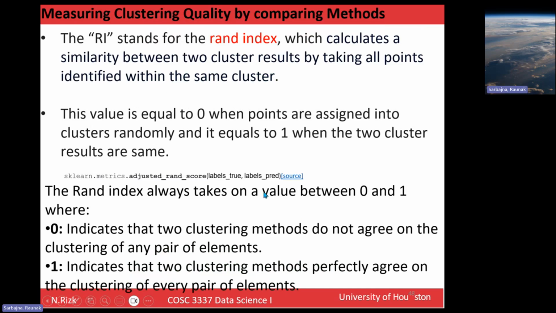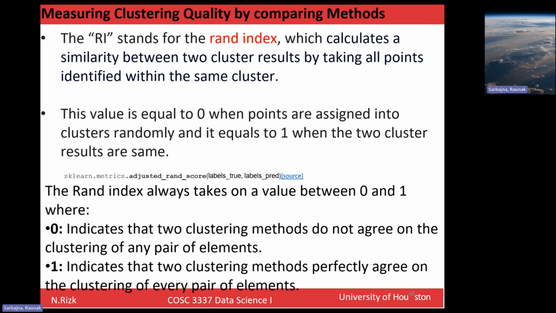There's also RAND index. This you can study on your own. This is not going to be in your final exam, but RAND index is essentially a method of checking how similar two different clustering methods are.